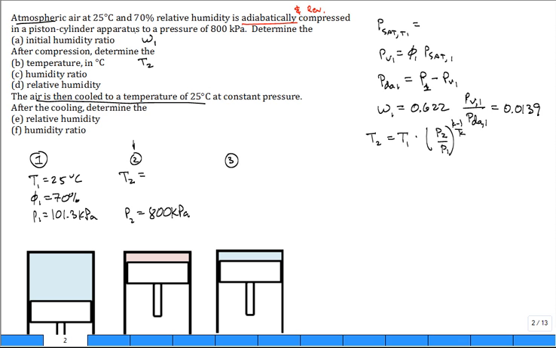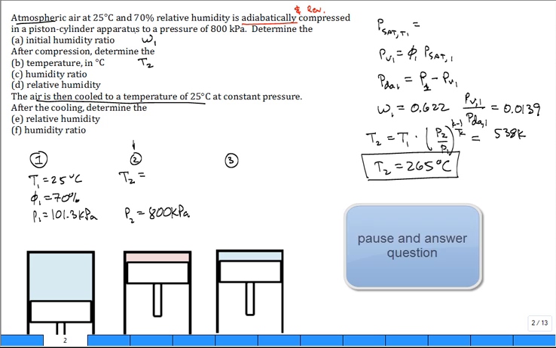So anyway, you can calculate T2 using this 1.4, and you'll get about 538 Kelvin, or the temperature 2 is around 265 degrees C. So it's quite high. I didn't go back and improve K based on elevated temperatures, nor did I go back and improve K based on a mixture of water vapor and dry air. But I did assume it's isentropic compression.